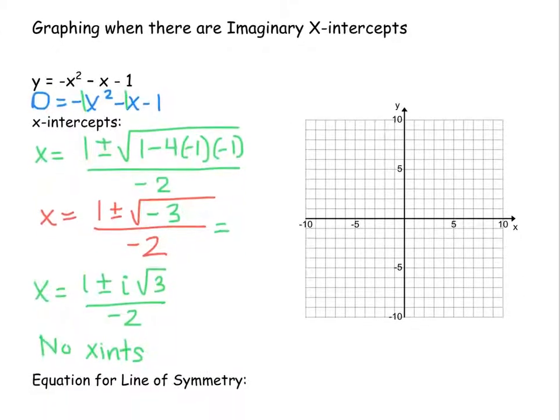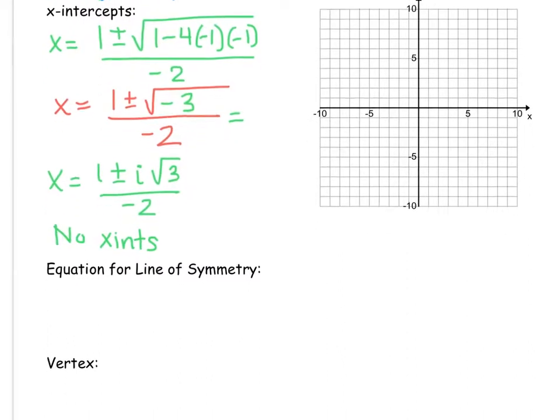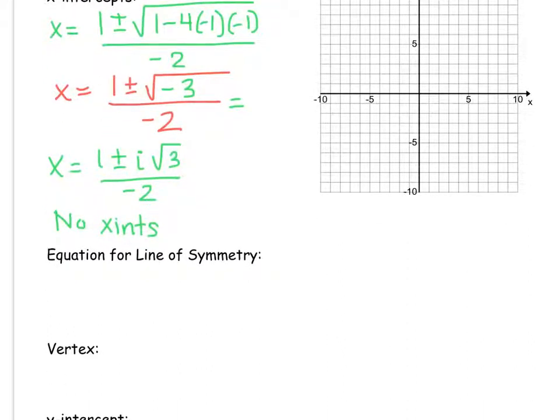Okay, so how does that affect our ability to find the line of symmetry? Normally we would add up our x-intercepts and divide them by 2, but we just said there aren't any. Well, what happens if we do it anyway? We would have 1 plus i square root of 3 over negative 2 plus 1 minus i square root of 3 over negative 2.